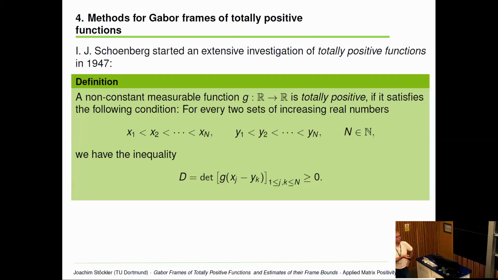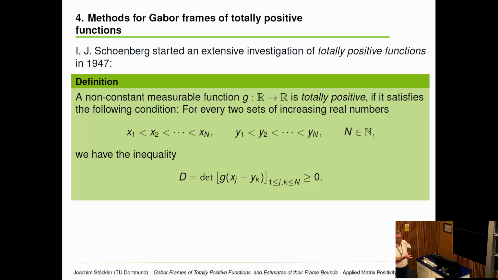So a real valued function is totally positive if the matrix is set up in a similar way as a Ronchen matrix, where you have certain shifts y_k and certain sampling points x_j. You set up a matrix of this form, and all these possible matrices should be totally positive.